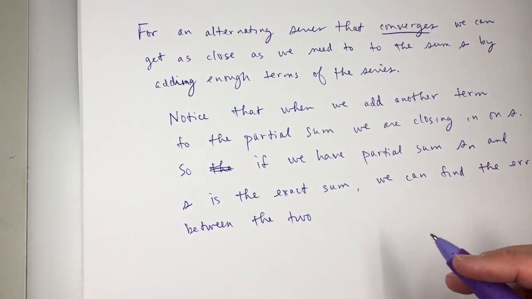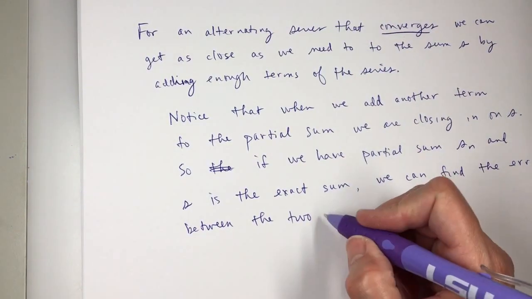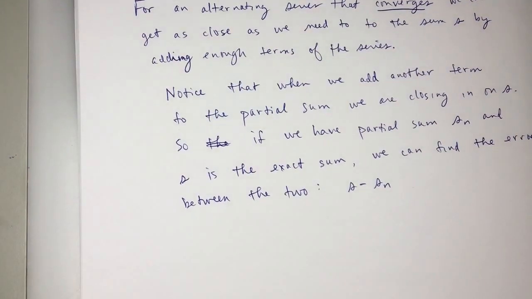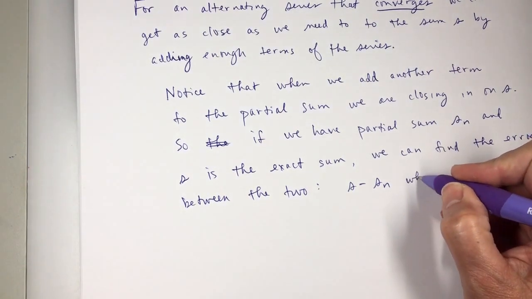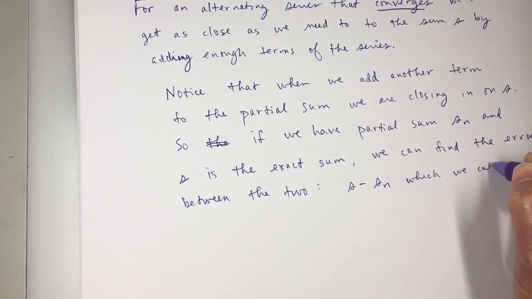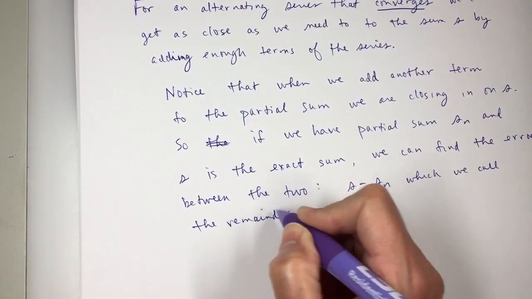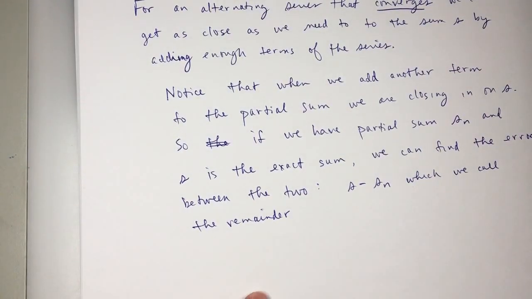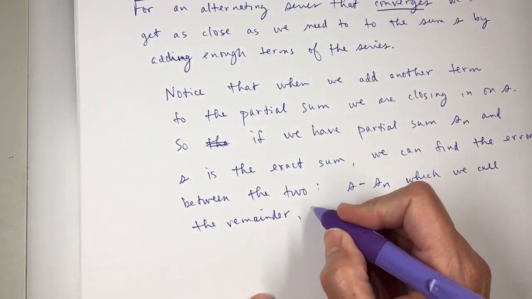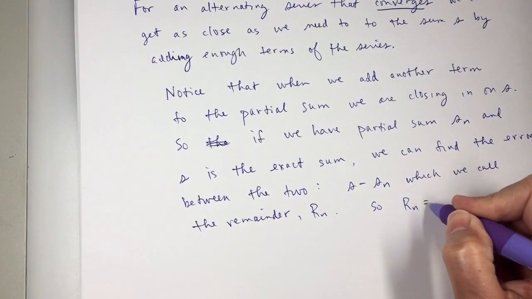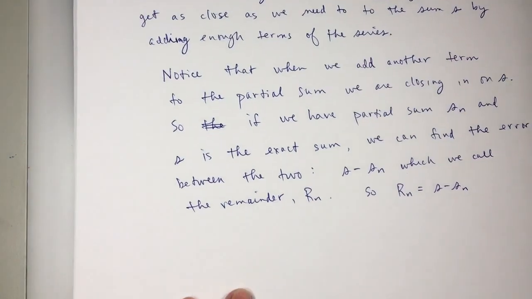And it would be this: S minus S sub n. And actually, instead of calling that the error, we'll call it the remainder. The remainder R sub n. So we have this: R sub n is S minus S sub n.